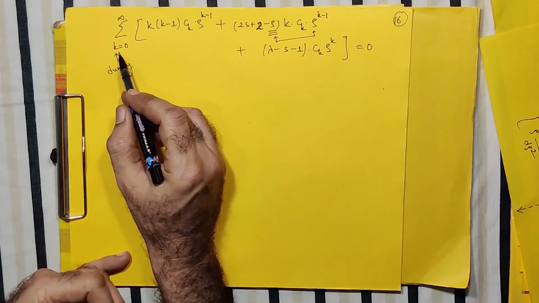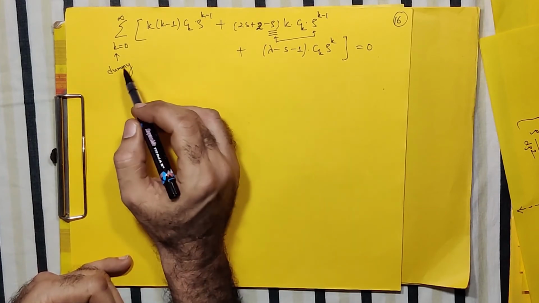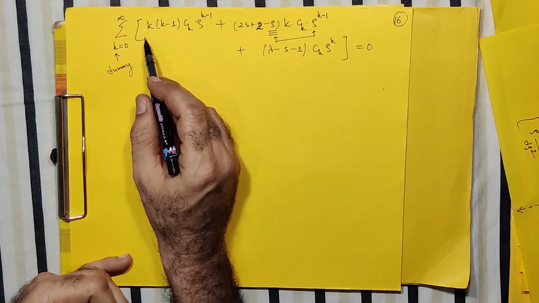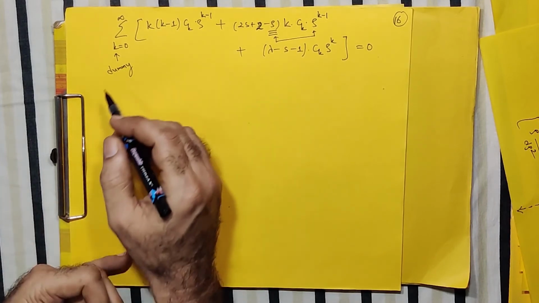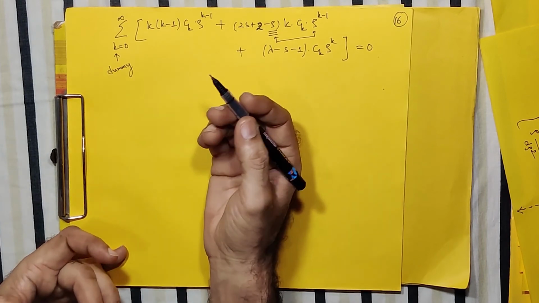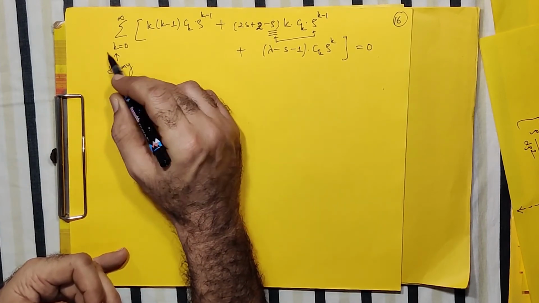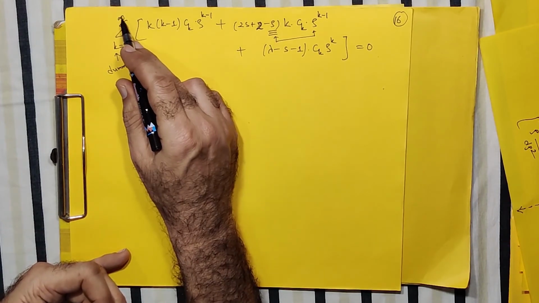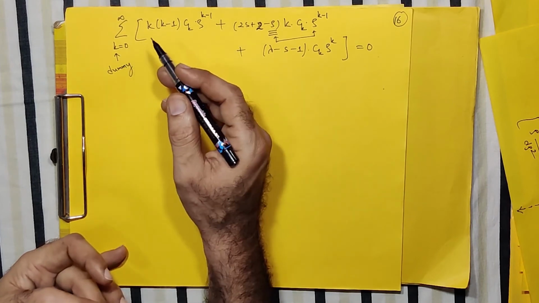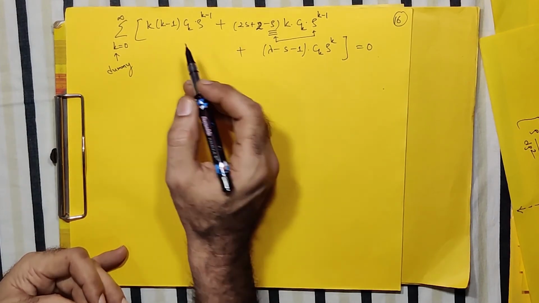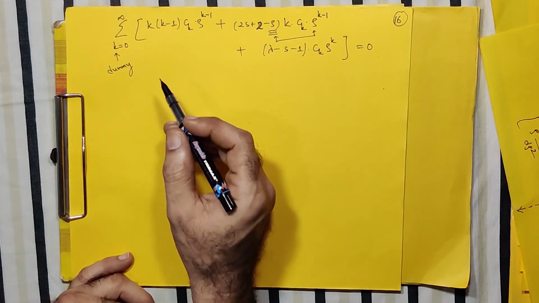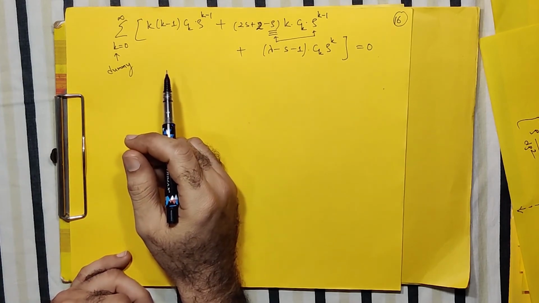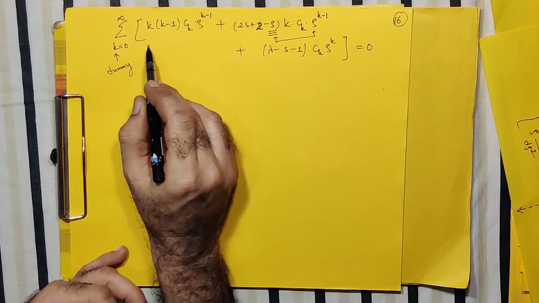It is just to show that my summation is going from 0 to infinity. Being a dummy, it also allows me to write k as k plus 1, and if I call that k dash, it is the same thing. It is just to show the summation is going from the lowest possible value to the highest possible value, so I can write k as k or k plus 1. It makes no difference. So in the first term, wherever there is k, I can write that as k plus 1. So what happens here?